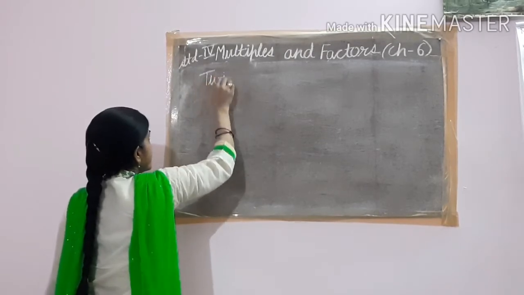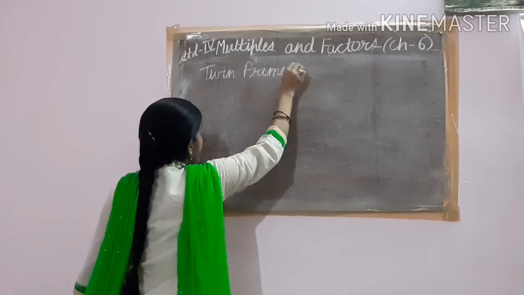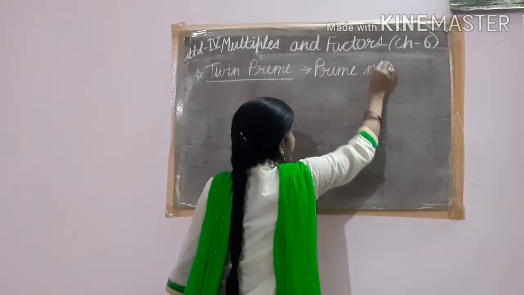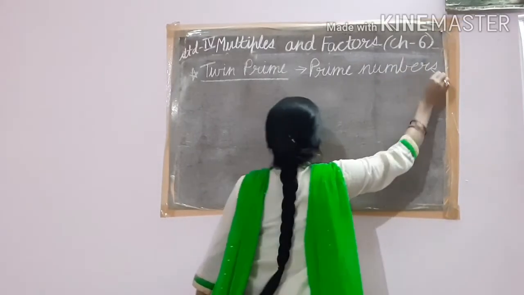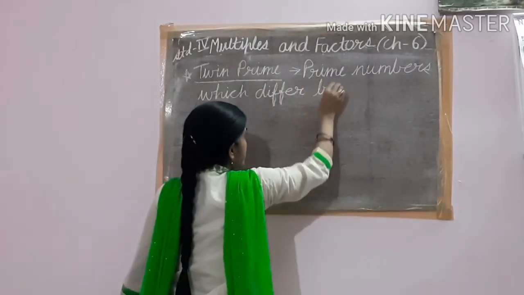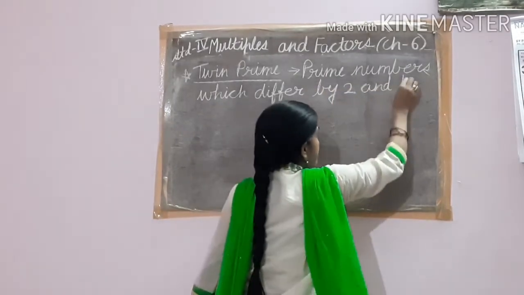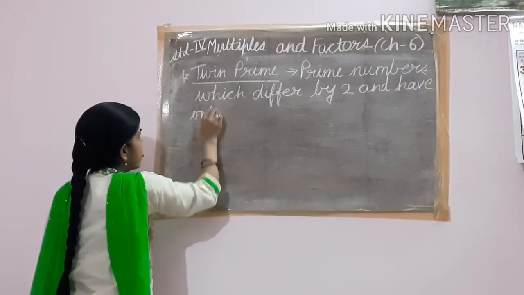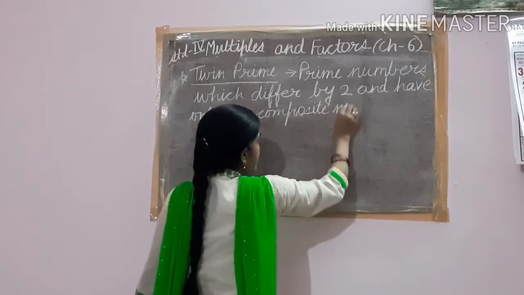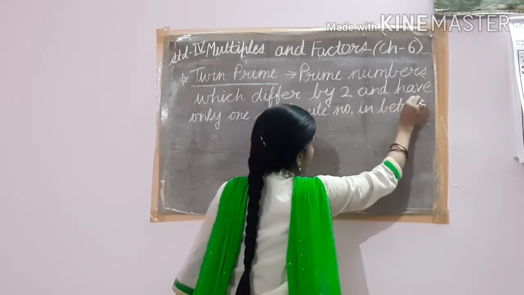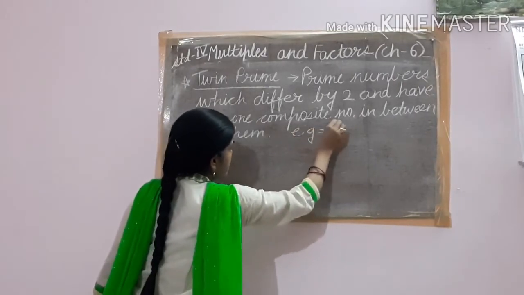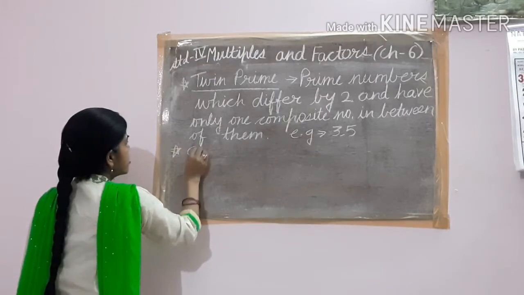Twin prime: prime numbers which differ by 2 and have only one composite number in between them. Example, 3 and 5. Next is co-prime.